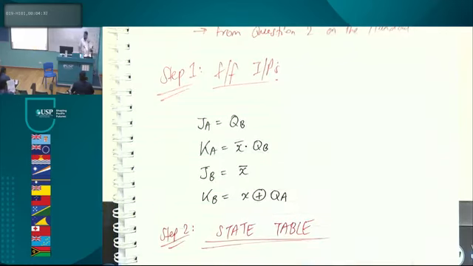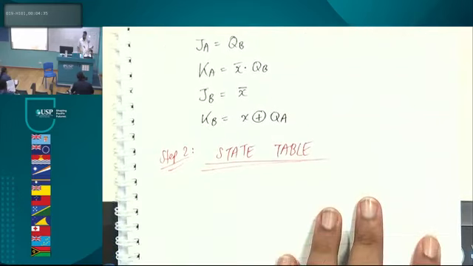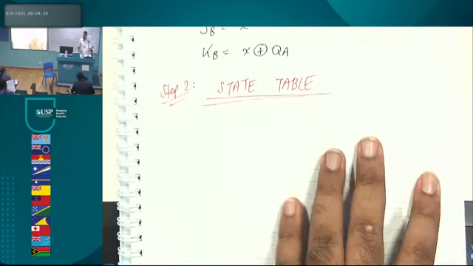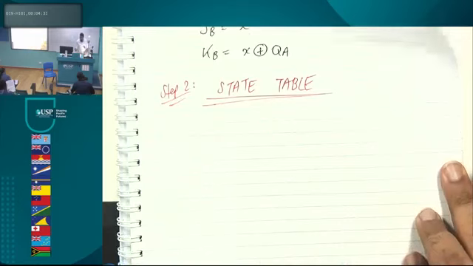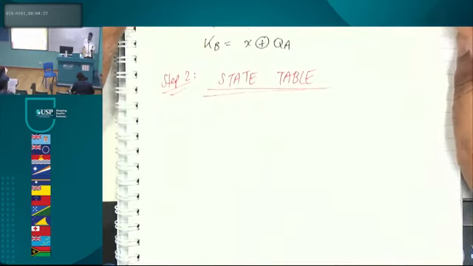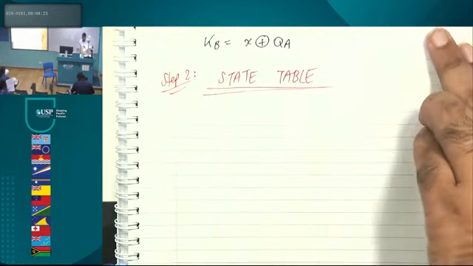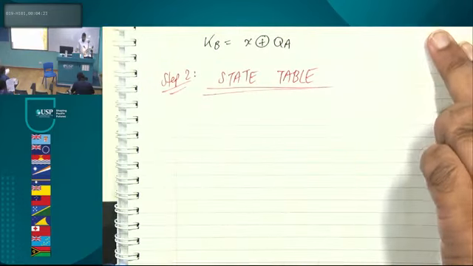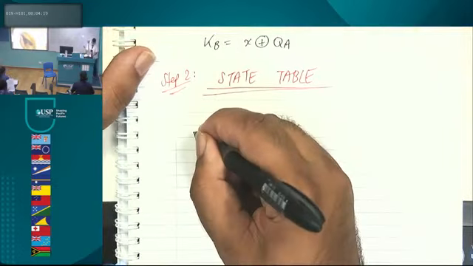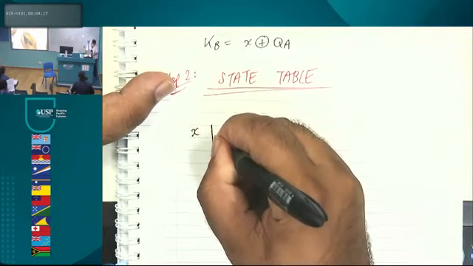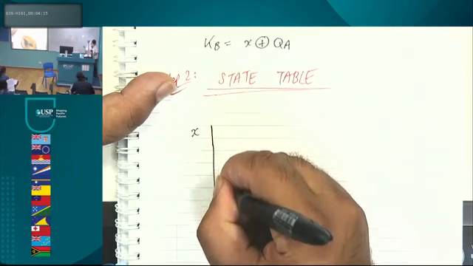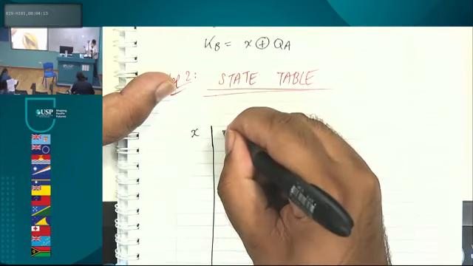State table. Do we have a system input? X. Do we have a present state?